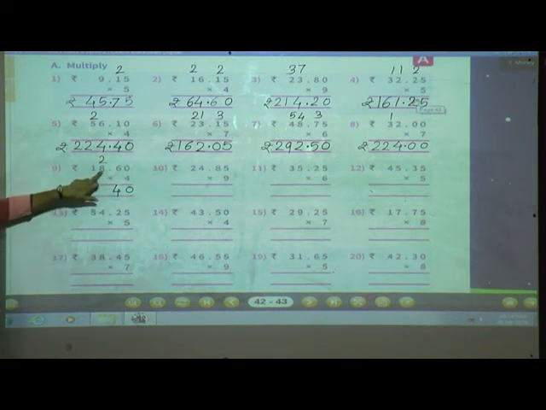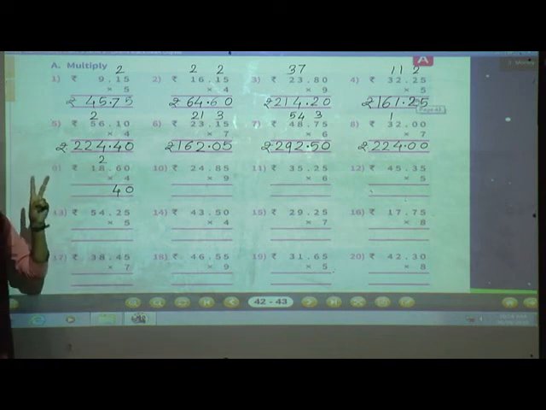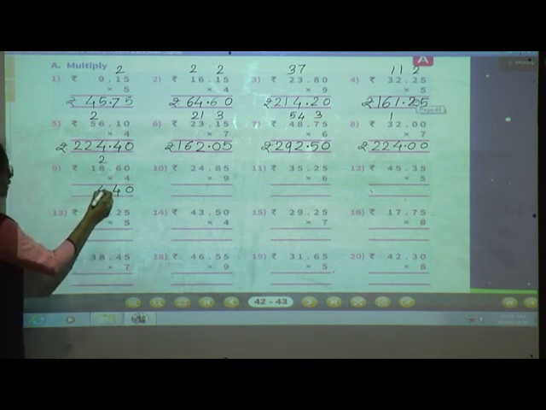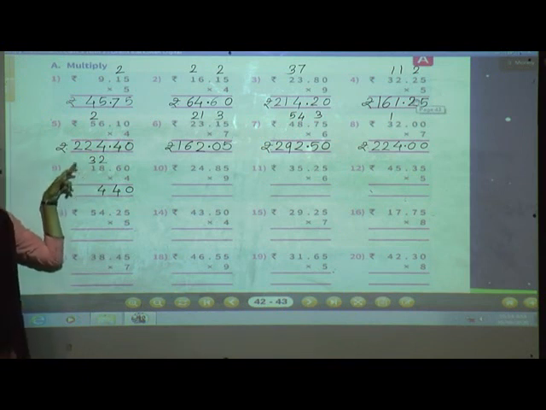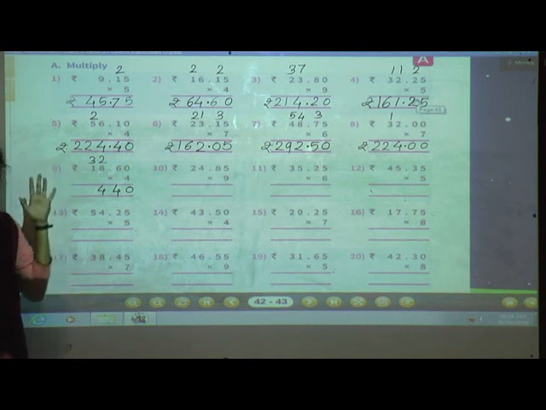Then 4 8s are 32. In 32 we have to add 2. 32 plus 2, 34. So here we'll write 4 and 3 as a carry. Then 4 into 1, 4 1s are 4 plus 3, 7. So write here 7.